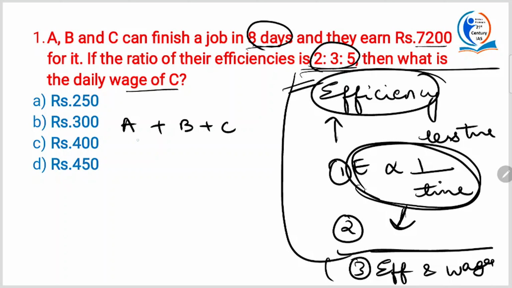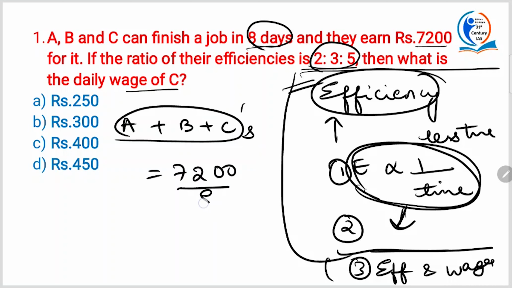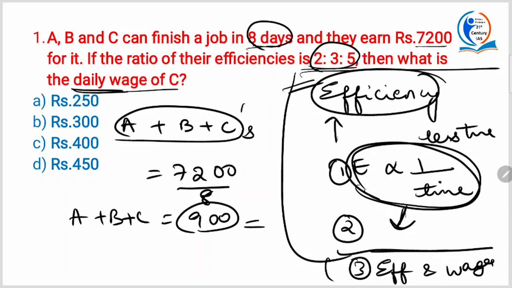Now A plus B plus C's 1 day wages is equal to how much? 7200 by 8, which is nothing but 900 rupees. And here also they are asking you the daily wage. So A plus B plus C together earn 900 rupees per day, and this 900 is distributed among A, B and C according to their efficiencies, that is 2:3:5.